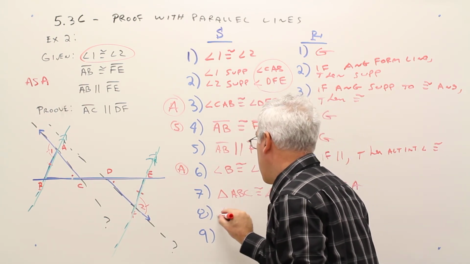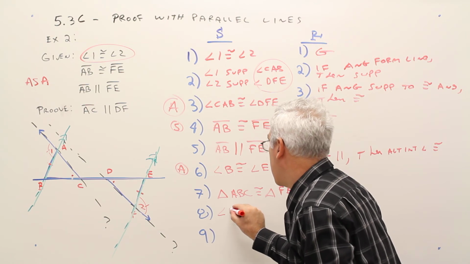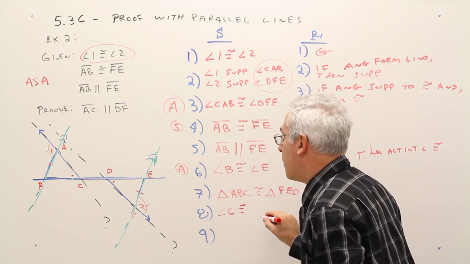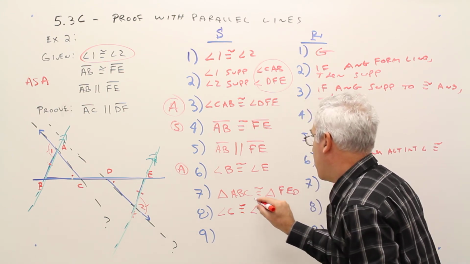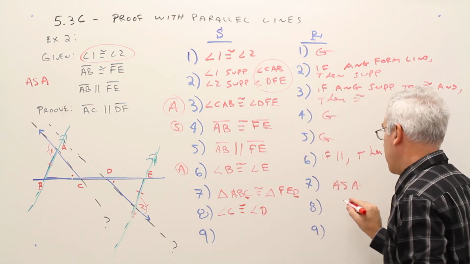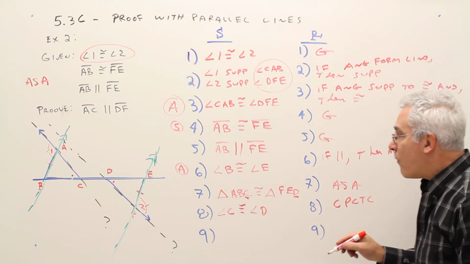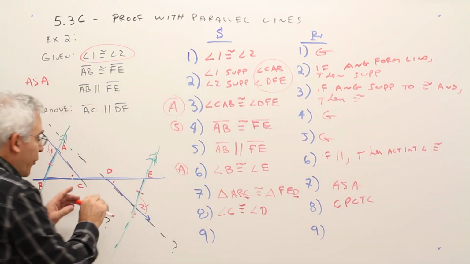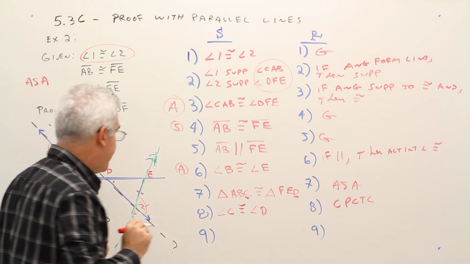So I can say angle C is congruent to angle D. Notice last letter, CPCTC. And now, once I've got alternate exterior angles congruent, gosh darn it, the lines are parallel.